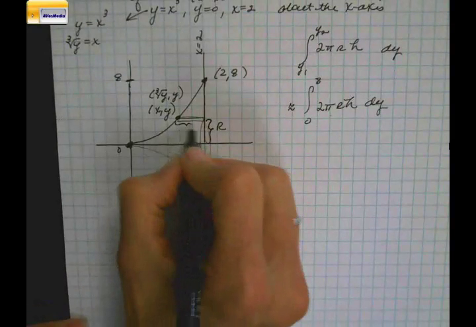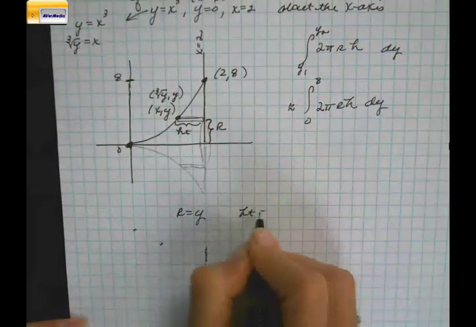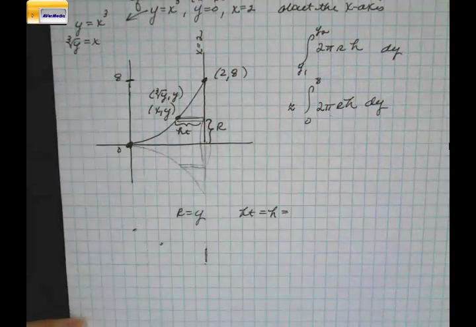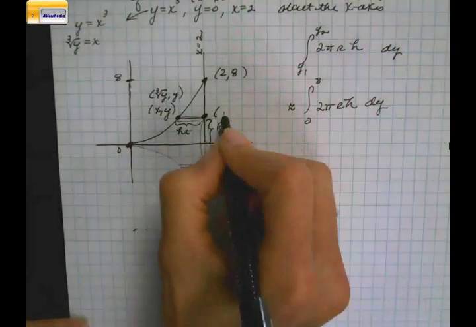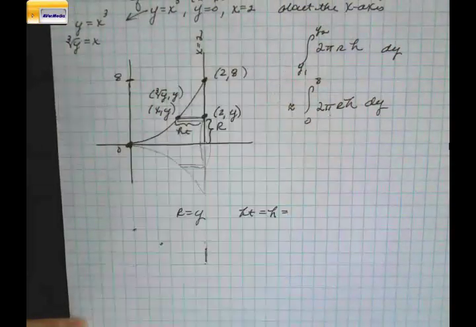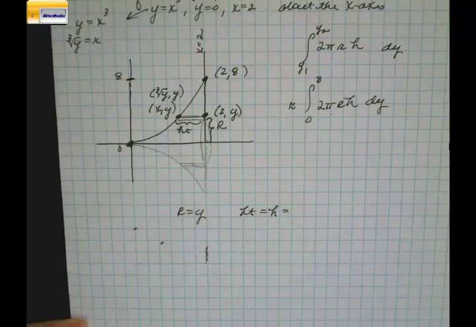Now, this is the height of the cylinder. Okay, the height of the cylinder. Now, this point here is where x is 2, and we don't know what y is. So what is the height of the cylinder?